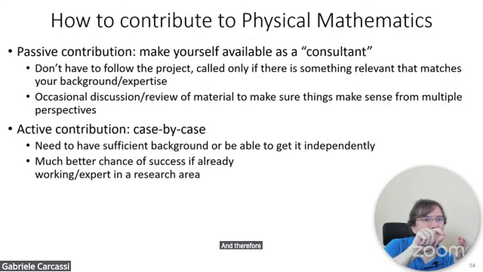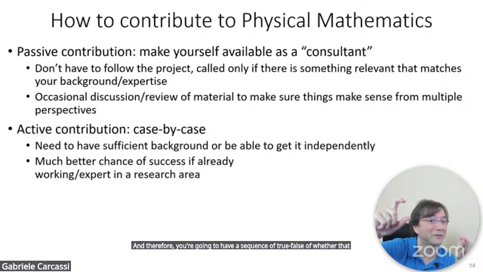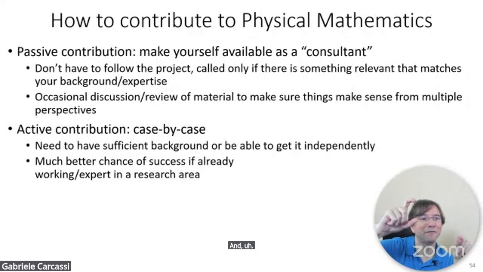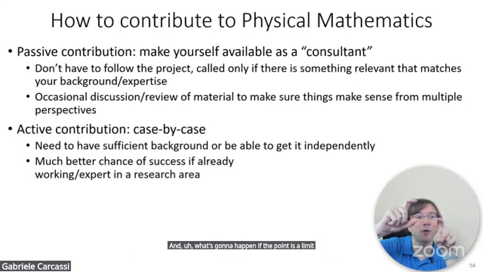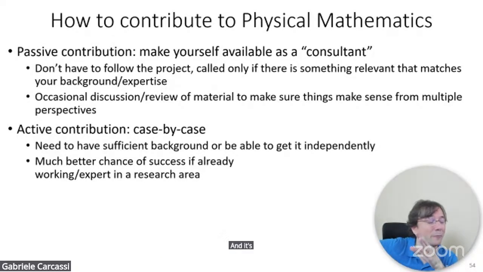And therefore, you're going to have a sequence of true or false, depending on whether that verifiable statement is true or false. What's going to happen if the point is a limit is that at some point that statement is going to become true, and it's always going to stay true.